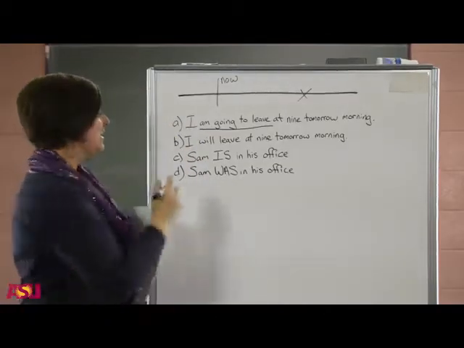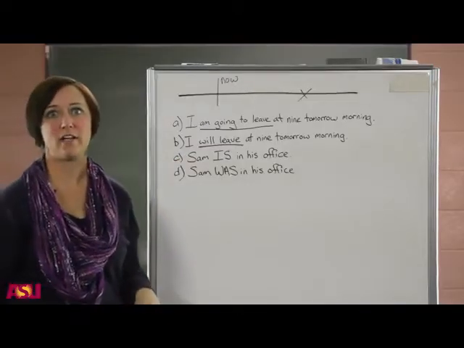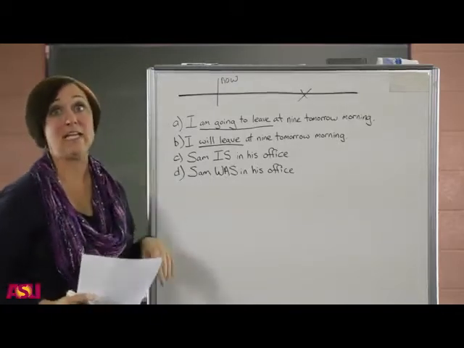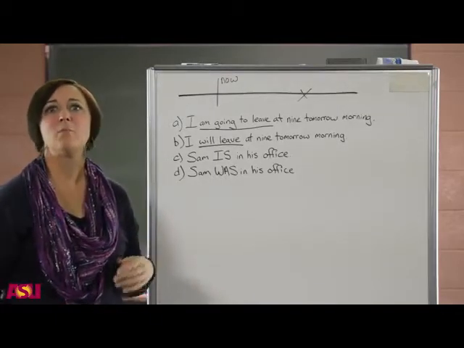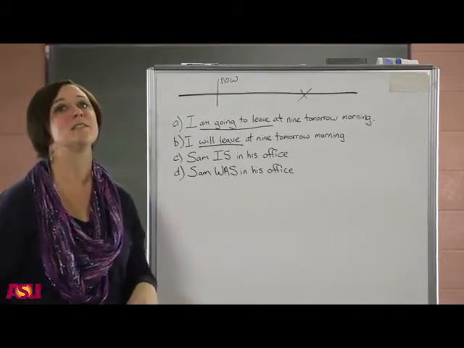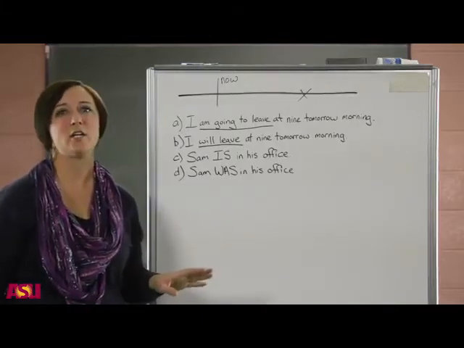And B, I will leave at 9 tomorrow morning. These sentences, A and B, have the same meaning, but sometimes be going to and will express different meanings. We will learn the differences a little bit later.